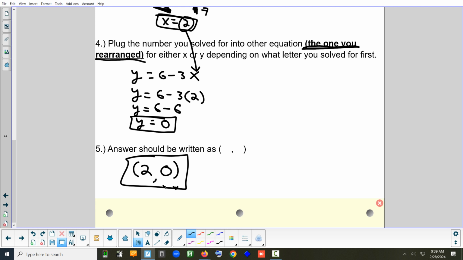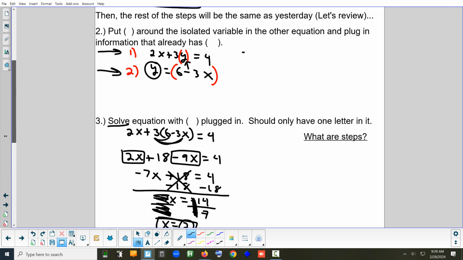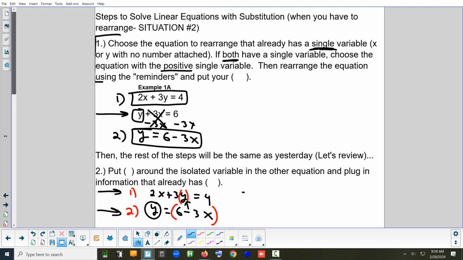Where they intersect. It would be where they are crossing. Yep, exactly. So this is probably one we could have done graphing because we got nice answers, but they didn't give us graph paper, and they said specifically to solve by rearranging it and use substitution.